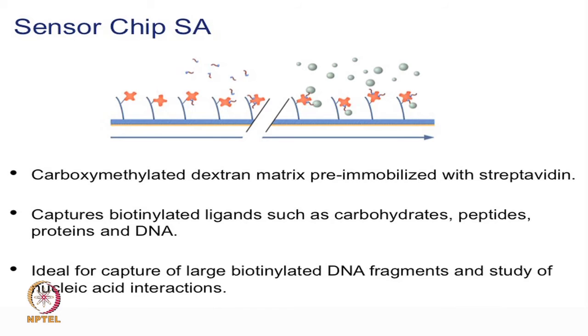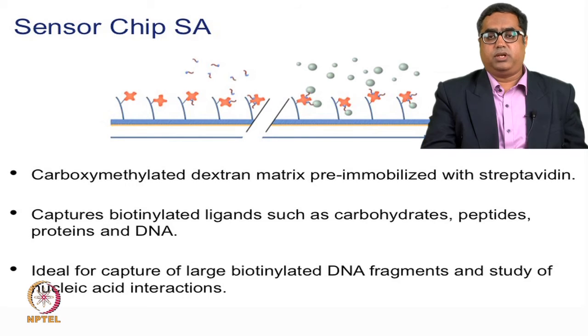Here, this is also a CM5 chip, which is pre-immobilized with streptavidin molecules, and these streptavidin molecules have a very high binding affinity to biotin, and bind to biotinylated proteins, peptides, oligos, DNA, RNA, and will help to immobilize these molecules in any interaction process.